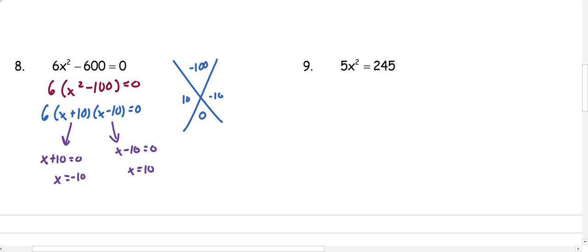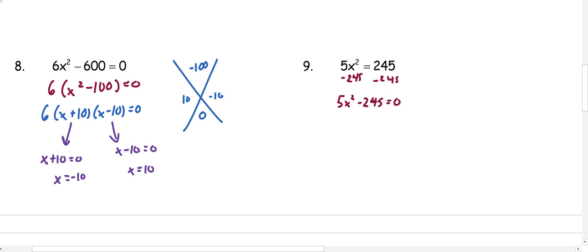Number 9, first thing I have to do is subtract 245 from both sides. And I get 5x squared minus 245 equals 0.